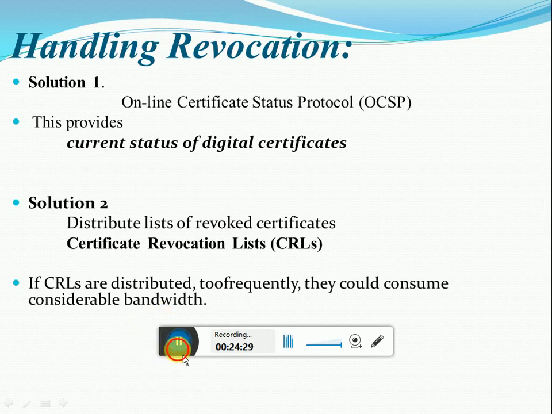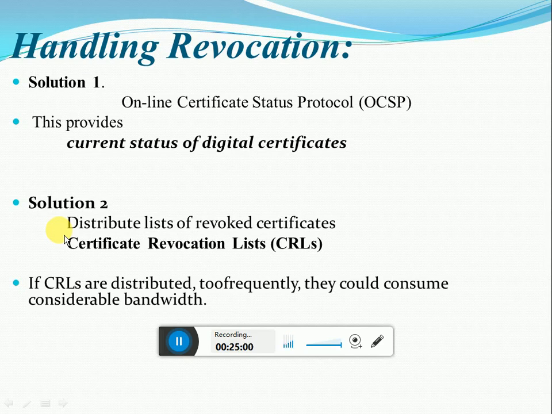The second method of conveying the information of revoked certificates is to distribute the list of these revoked certificates, known as certificate revocation lists, to different users. The frequency of list updation is an important thing in this solution.